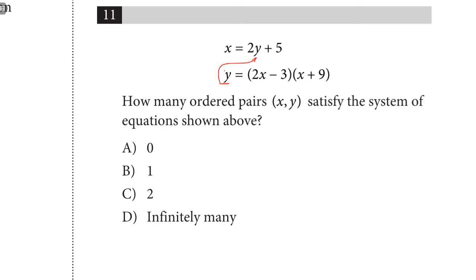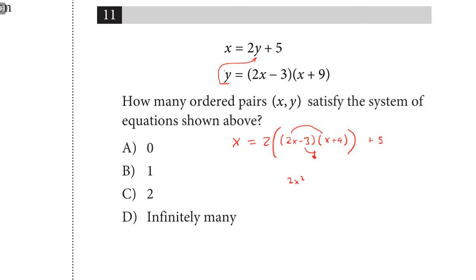So what that'll give us is x is equal to 2 times (2x minus 3)(x plus 9), all of that plus 5. Okay? So we're going to take what's on the inside here and FOIL that out. So how are we going to do that? Well, 2x times x, that's 2x squared.